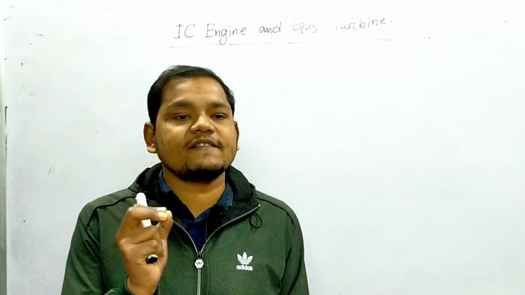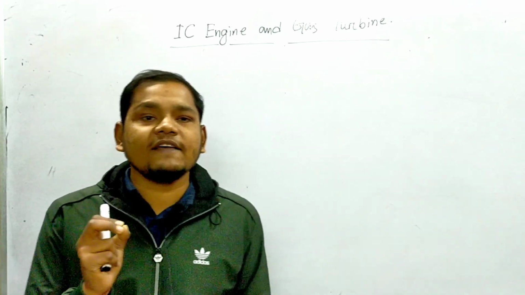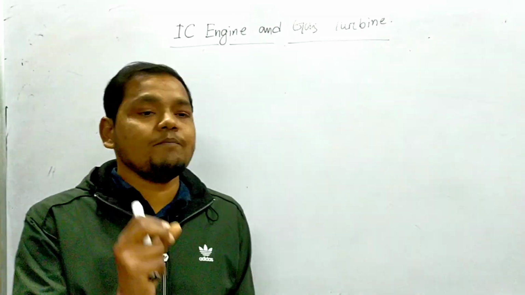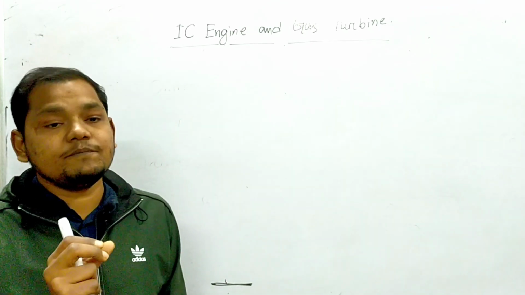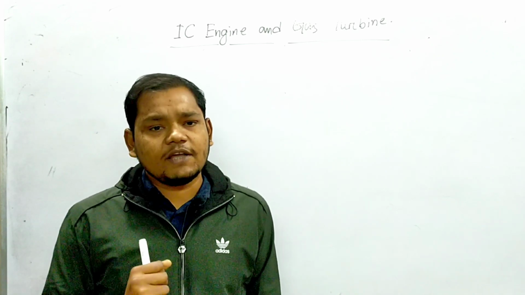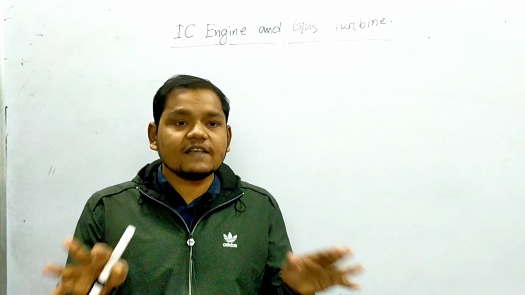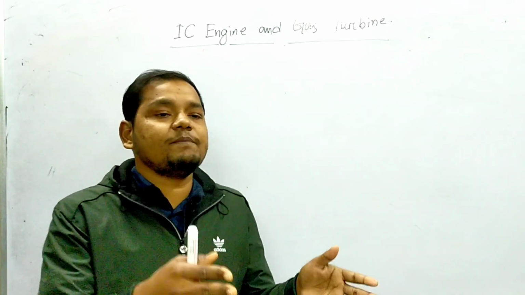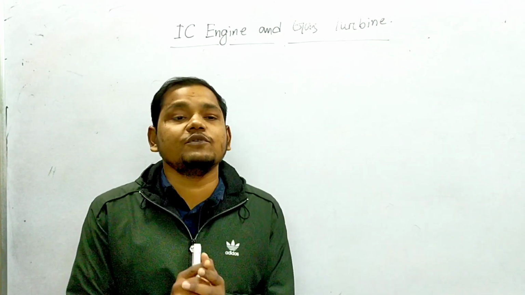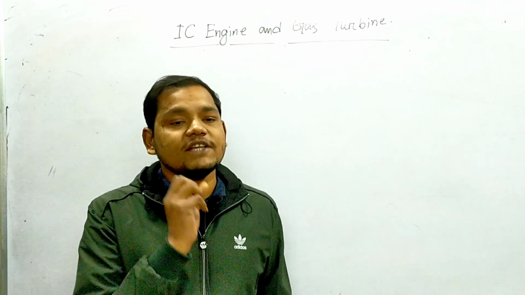What do you mean by IC engine? The full form of IC engine is internal combustion engine, which is mainly used in our transportation system. Before discussing the IC engine more deeply, we have to know what an engine is.